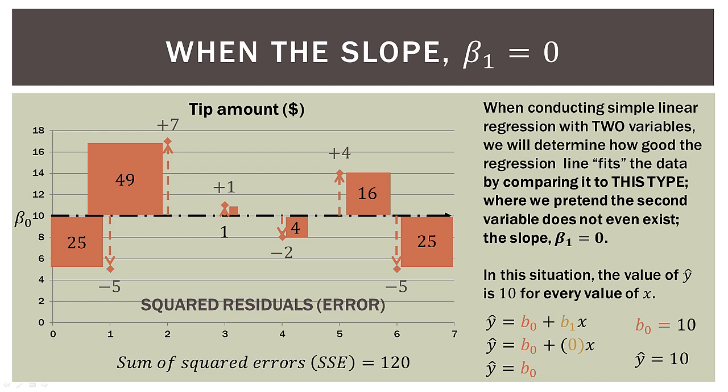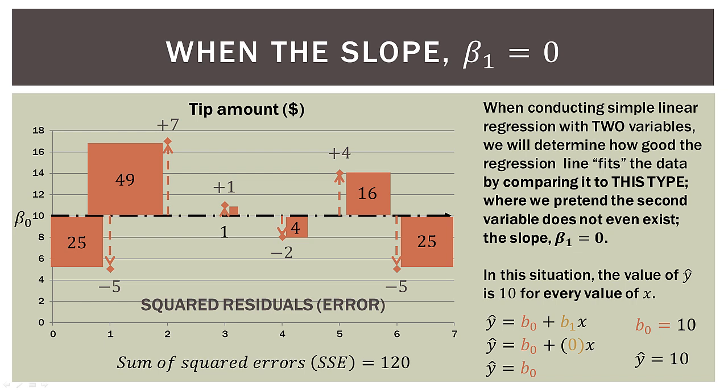So in this case, what's the slope of this line? Well, it's 0, because the independent variable doesn't even exist. The slope of this line is 0 because we're only using the values of the dependent variable. So when conducting simple linear regression with two variables, we will determine how good the regression line fits the data by comparing it to this type, where we pretend the second variable does not even exist.